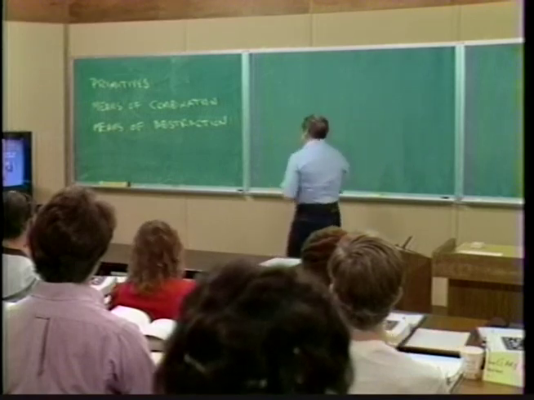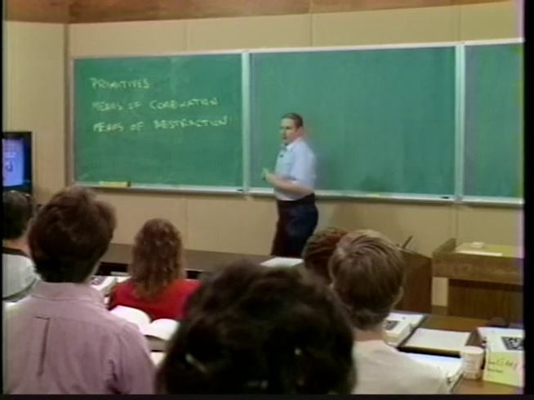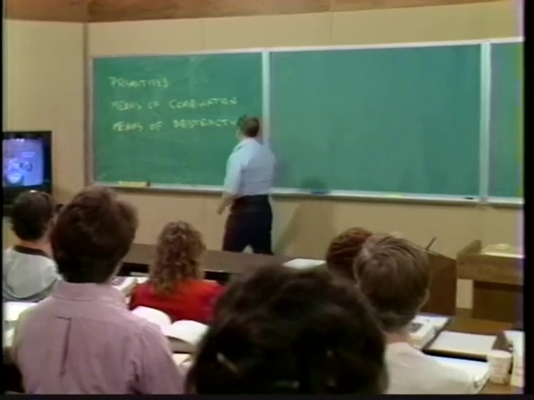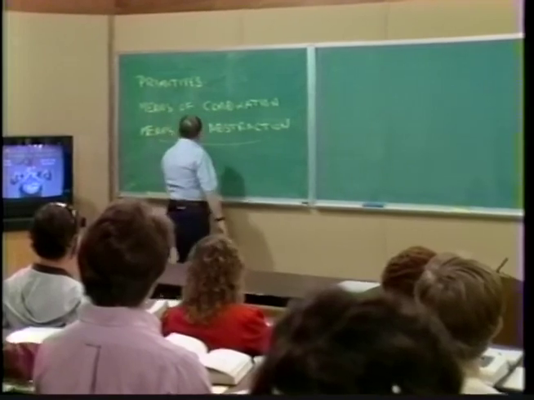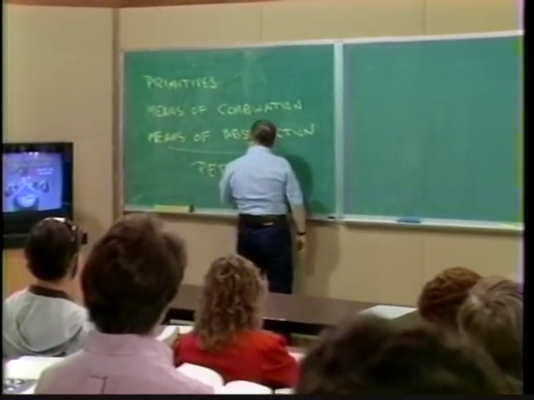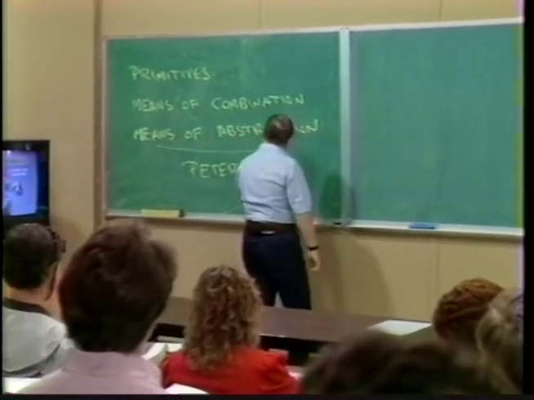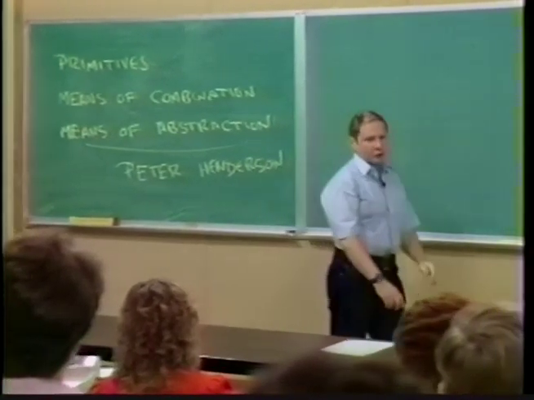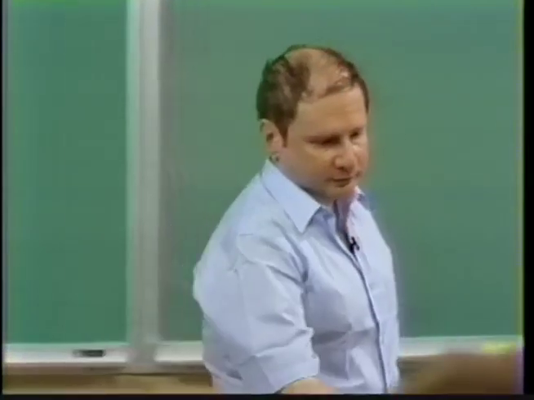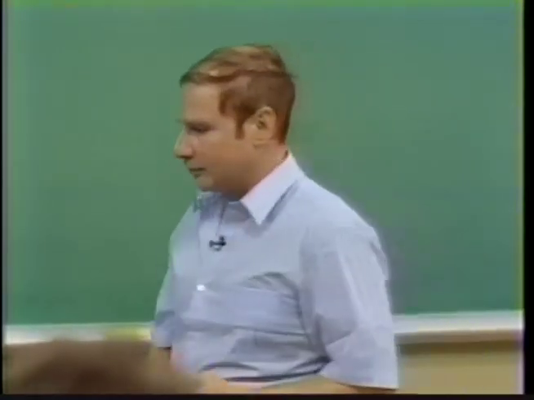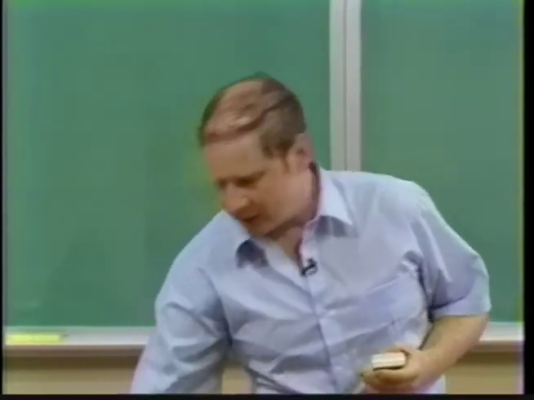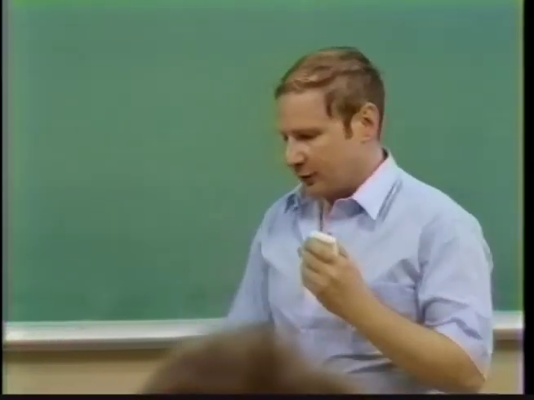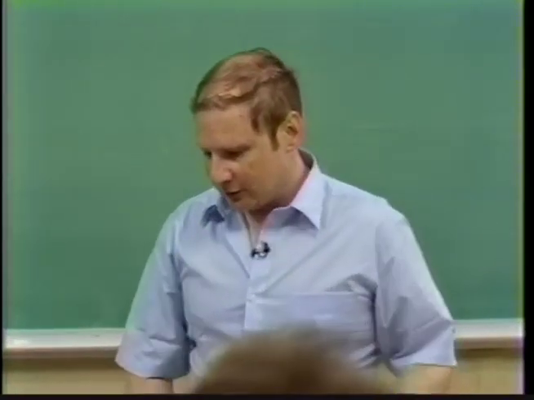Now, the particular language I'm going to talk about is an example that was made up by a friend of ours called Peter Henderson. Peter Henderson is at the University of Stirling in Scotland. And what this language is about is making figures that sort of look like this. Right? This is a woodcut by Escher called Square Limit.